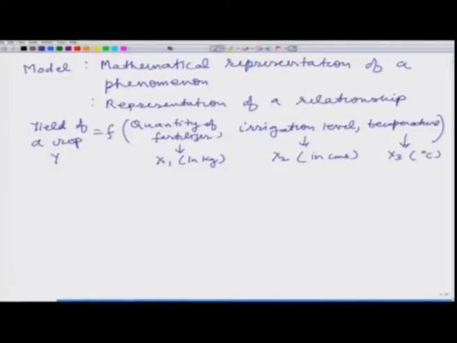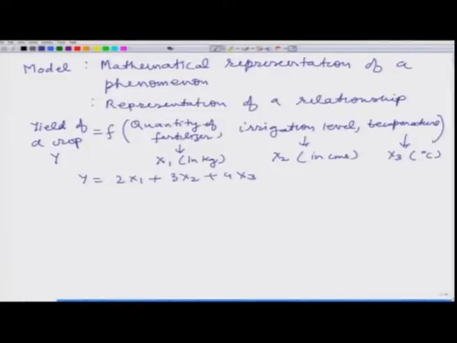So one possible model can be y is equal to 2x1 plus 3x2 plus say 4x3. So this is what? This is a mathematical relationship between the output, which is the yield of a crop, and three input variables, which are your quantity of fertilizer, irrigation level, and temperature, right?